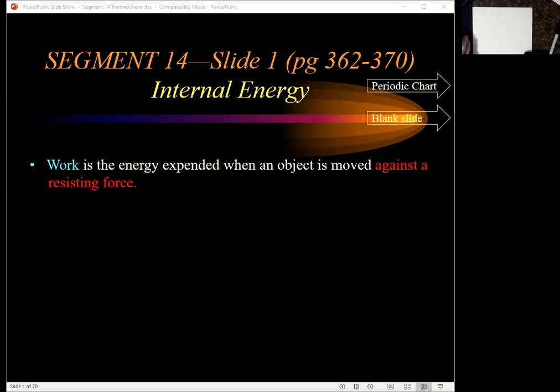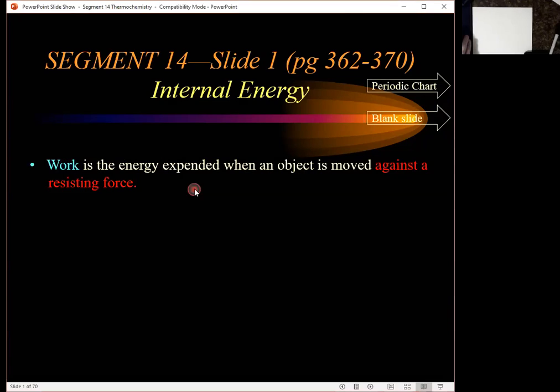So when we are looking at the internal energy, we're going to be looking at the work. And work is the energy that you expend when an object is moved against a resisting force. So that's really important.